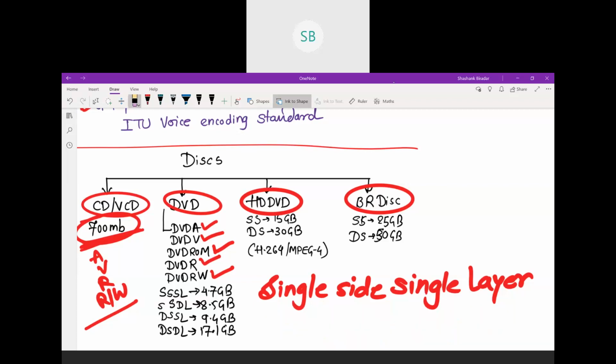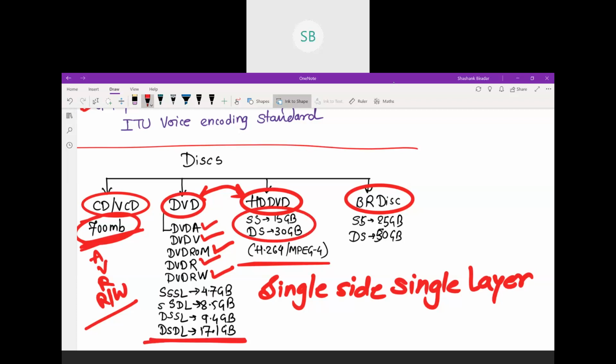Okay, now coming to the HD DVD. So in HD DVD, what is the basic differentiation between DVD and HD DVD? The format or video codec that we are using, that is the first difference. The second difference is its storage capacity, right? So here we can go up to how much? 7.1 GB.